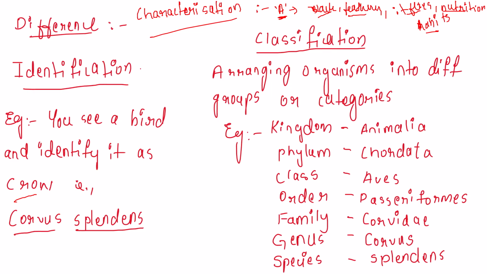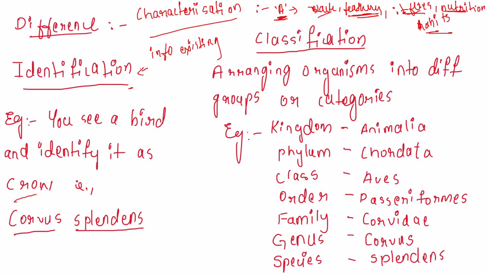Next comes identification. What happens here is, we know that there is a species called A, and then we identify it. From all the existing knowledge or existing information we have, we see all the characteristics which we have noted. Based on them, we will check which species has these characteristics.